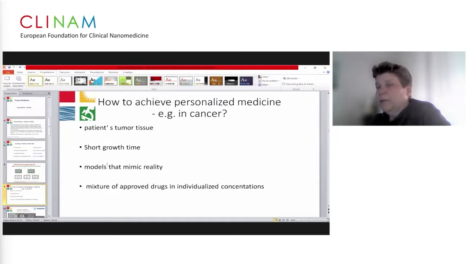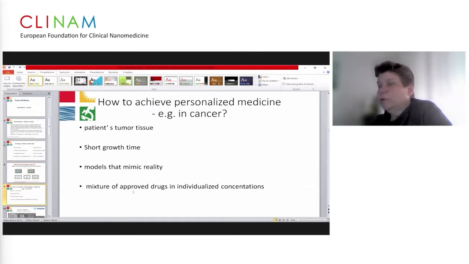We need models that mimic reality best without using animals, because we also agree that mice are not men, and so the in vivo model in mice is not necessarily predictive for humans, and this is why a lot of drugs are perhaps failing in clinical trials.